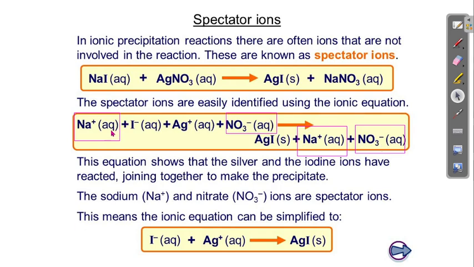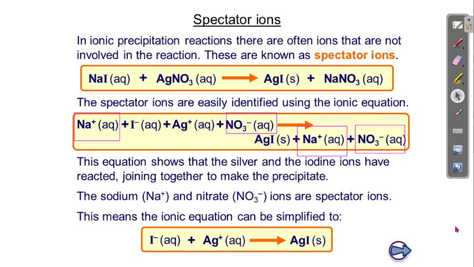And then you need to spot those ions that appear in the reactant side and also appear in the product side. Sodium is here, is also here. The nitrate ion is here and is also here, okay? So those are your spectator ions.